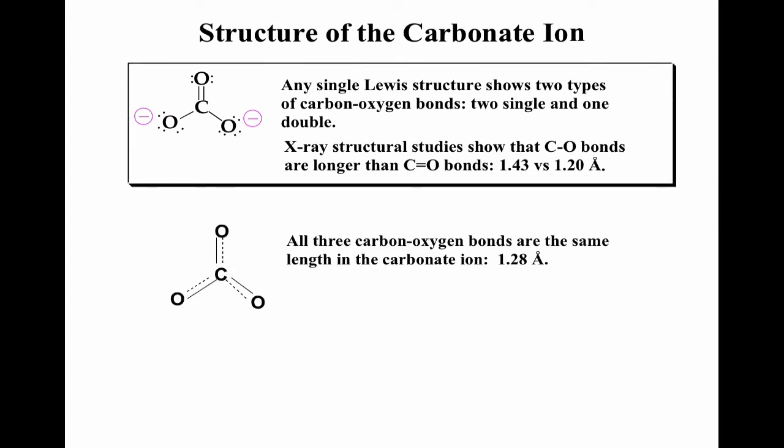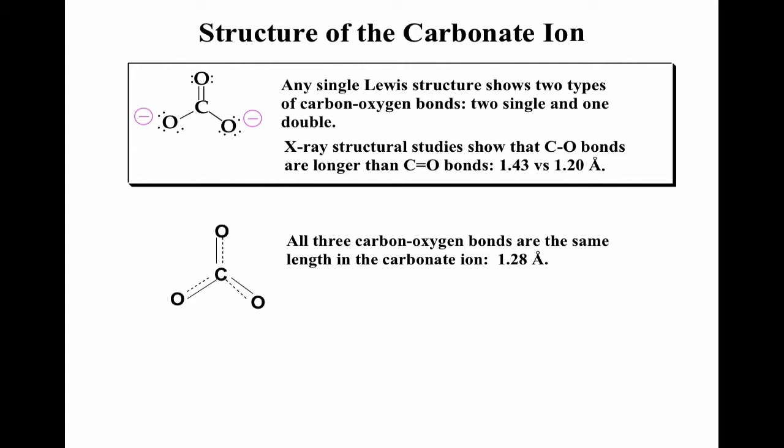So if a single bond is about 1.43 angstroms and a double bond is about 1.2, notice what we have for carbonate. Kind of right in the middle. Not exactly, but pretty darn close, right? That's what we're seeing. And so that is good evidence for this idea of resonance, that these electrons actually are mobile and can be in more places than one.